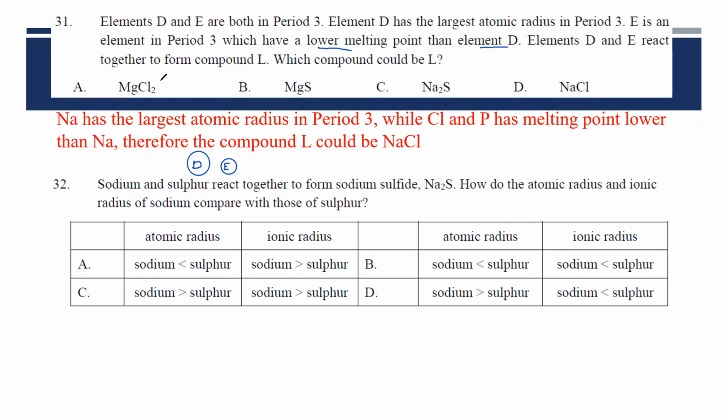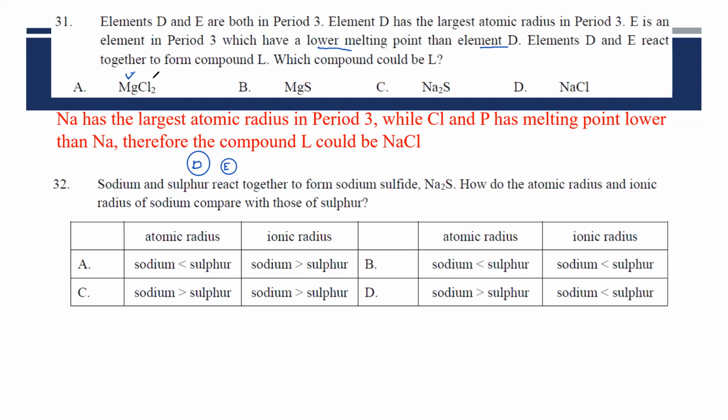Let's start from A. What could D and E be? In terms of radius, magnesium is larger, and chlorine has a lower melting point. So D and E form a compound L, which could be magnesium chloride.